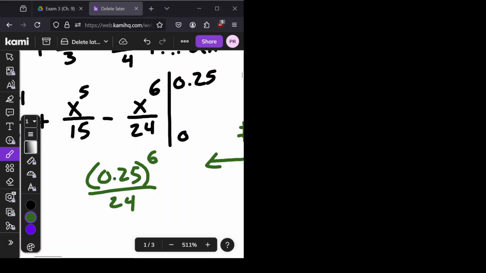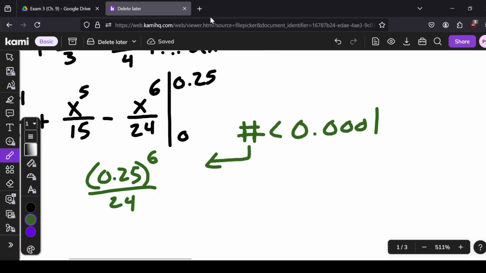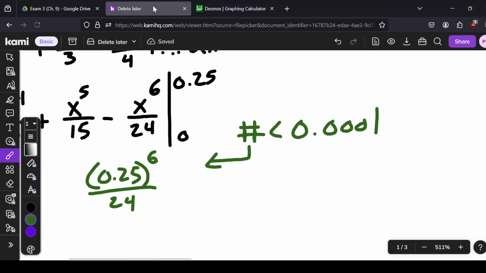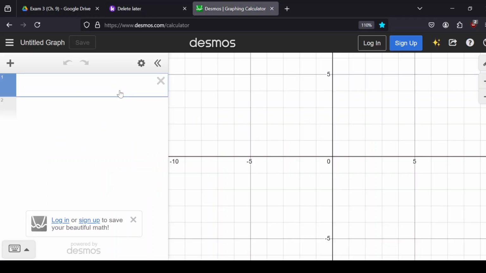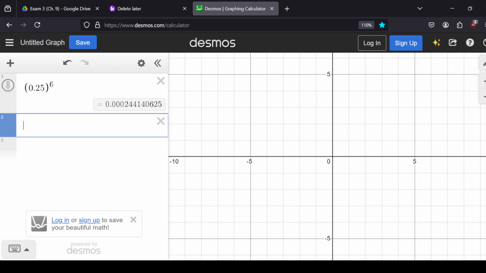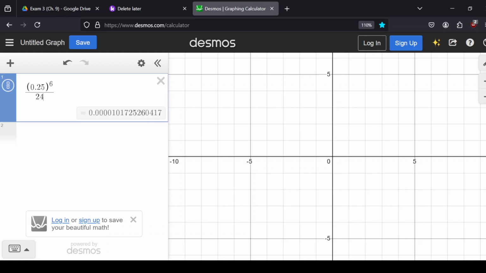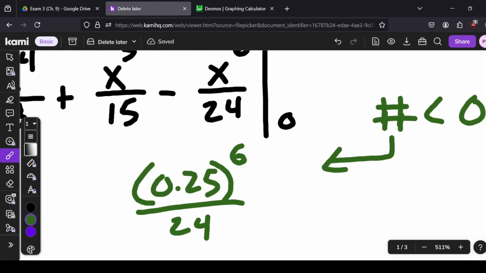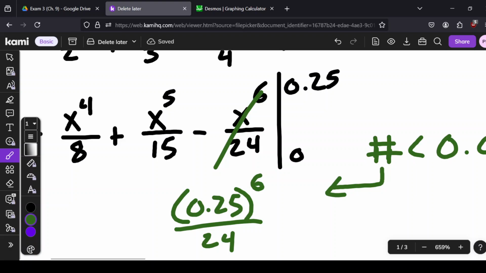Well, you can't see this other tab, so I'll close that. 0.25 to the 6th divided by 24. There we go. We got 1, 2, 3. It's definitely less than 0.0001. So we don't need that.